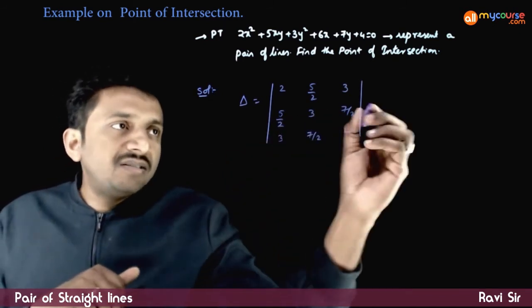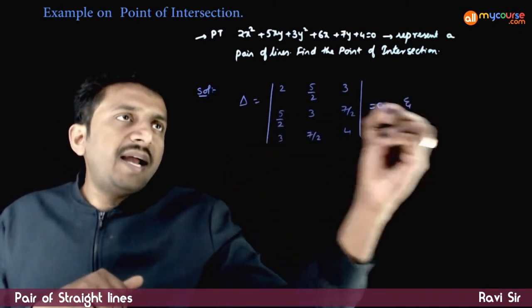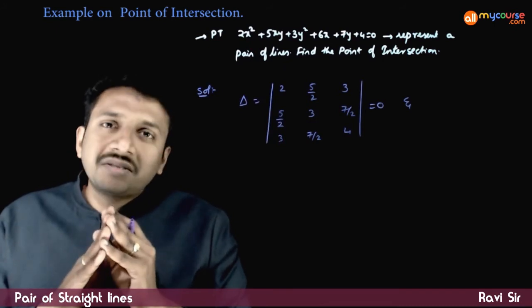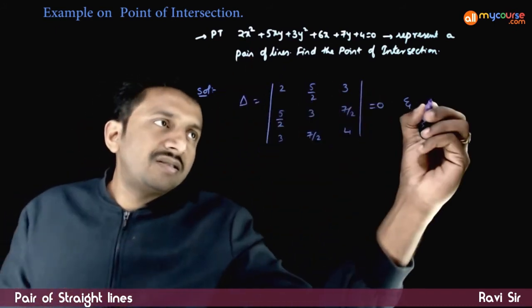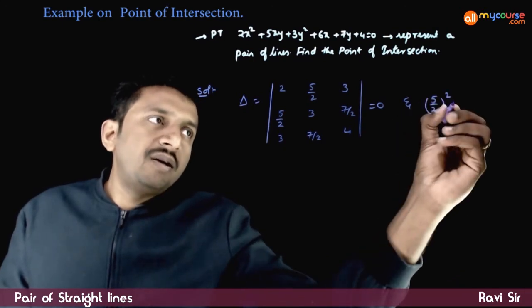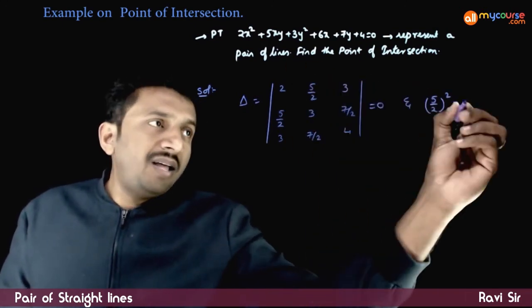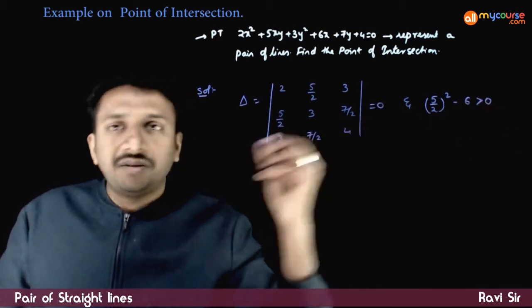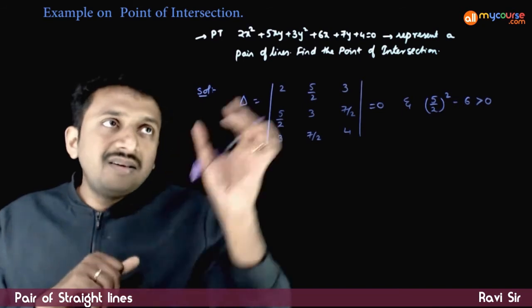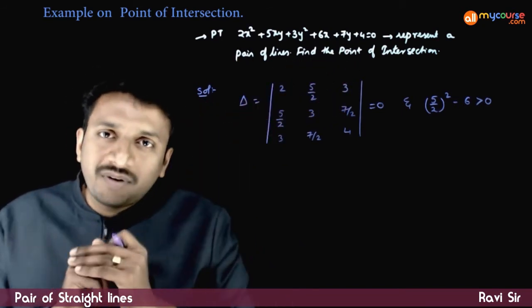If this determinant is equal to 0 and h square greater than AB, what is h? H is 5 by 2, whole square minus AB, which is 6, greater than 0. So if these two conditions are valid, then this equation represents a pair of lines.